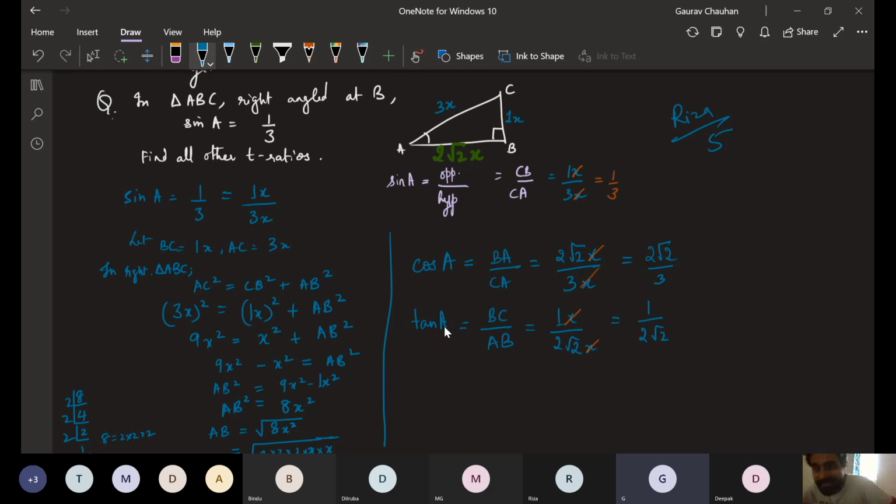Perfect. This we actually should do something about, no? Anyone remembers, the denominator is having root 2? What should we do? We cannot leave it like that. Correct. You should multiply numerator and denominator by root 2. What is that process called?